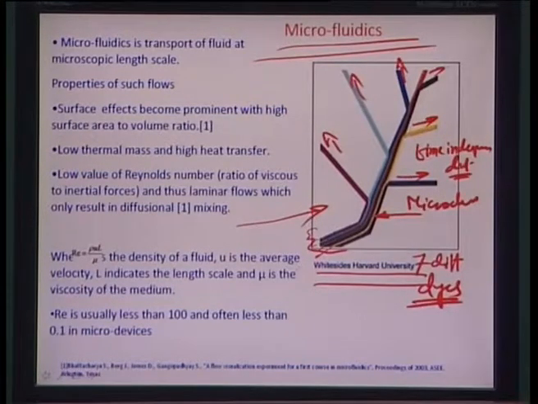So this is in fact the essence of the scaled down form of the momentum equation at this particular scale. So the domain of microfluidics is a very novel and interesting domain, wherein it is very hard for flows laid out together to mix without any diffusional effects.